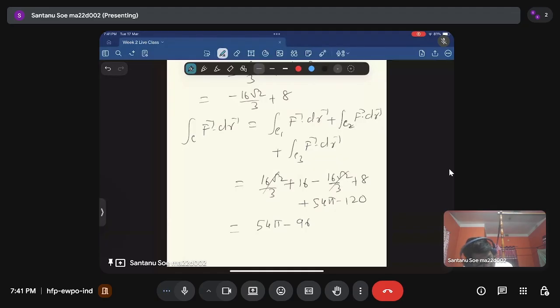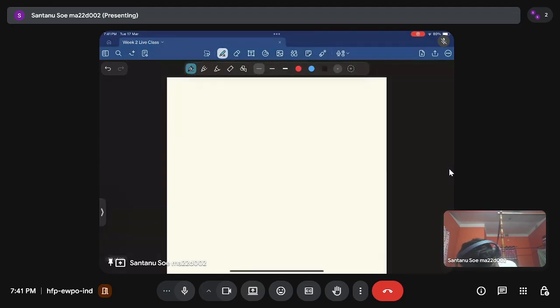So now we can verify the right hand side, that is the double integration on the region R. So the region looks like this. Okay, so this will be del n del x minus del m del y, dx dy.